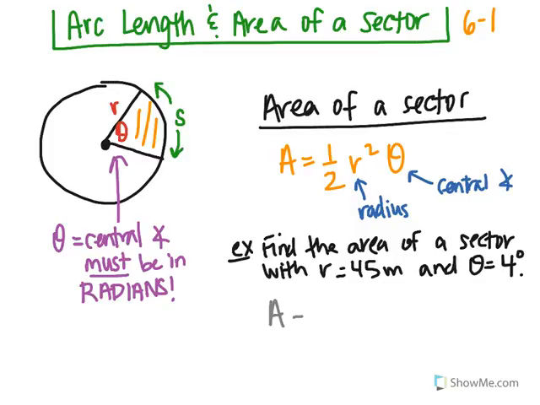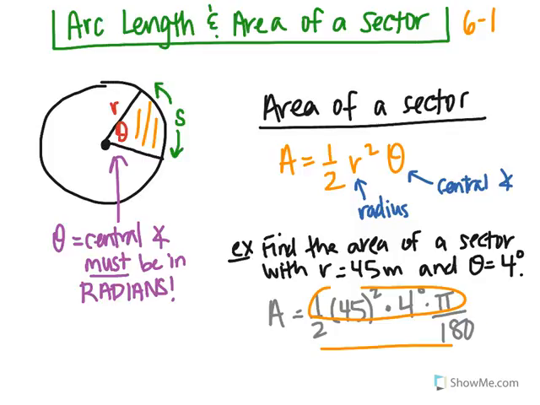To find the area, we're going to use 1/2. We're going to square our radius, which is 45, and then multiply it by theta. In the process, we have to multiply 4 degrees times pi over 180. We're basically just going to multiply all the tops over all the bottoms.